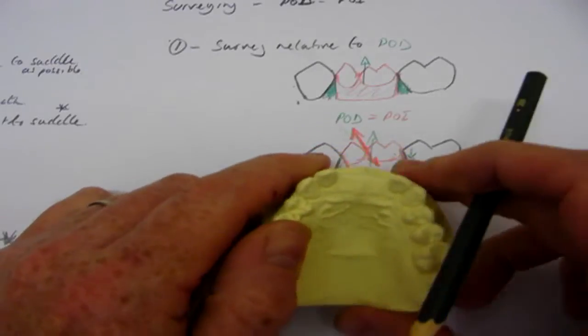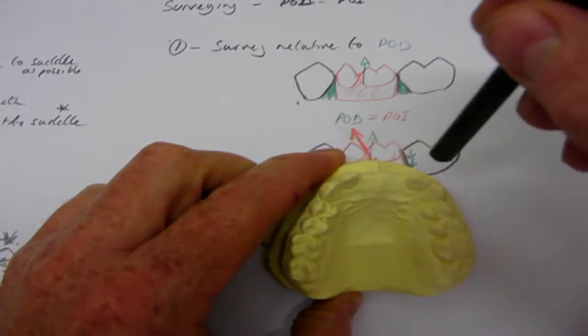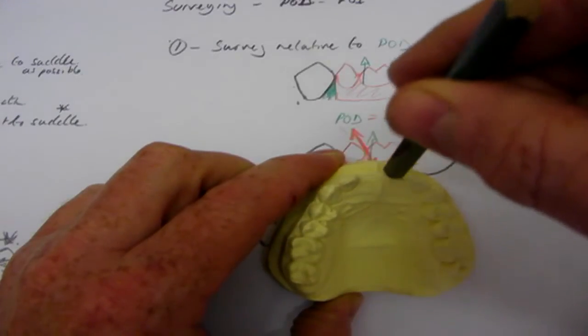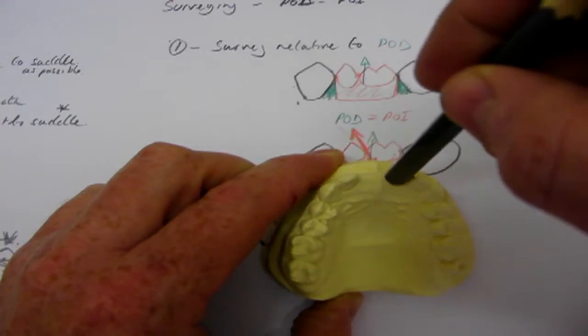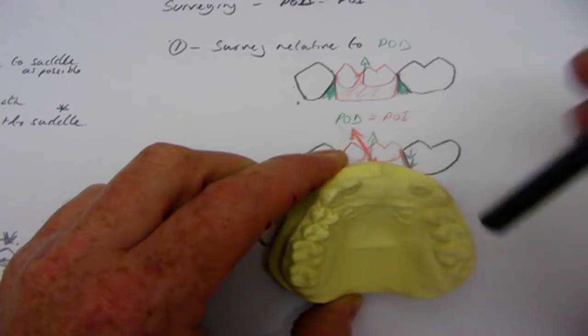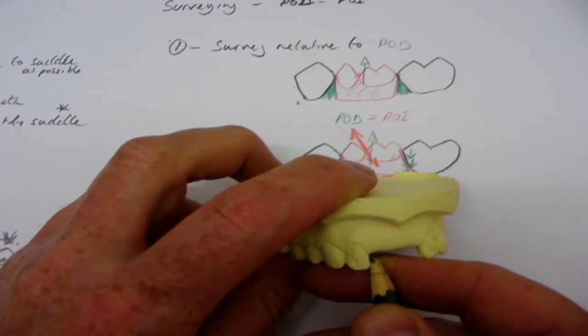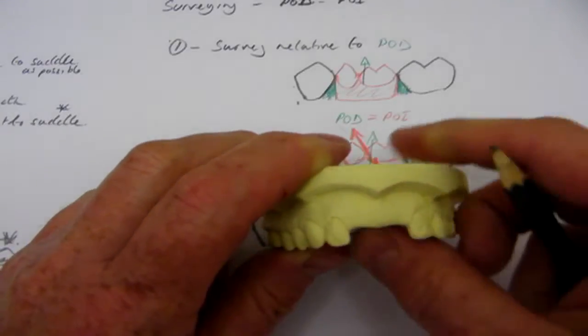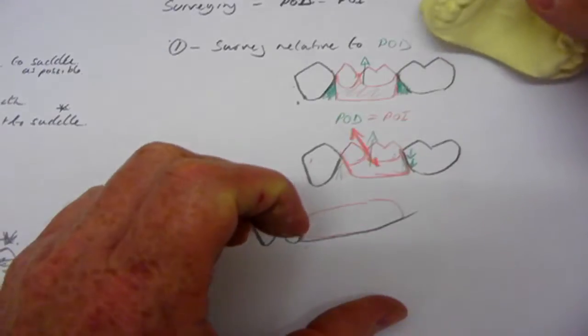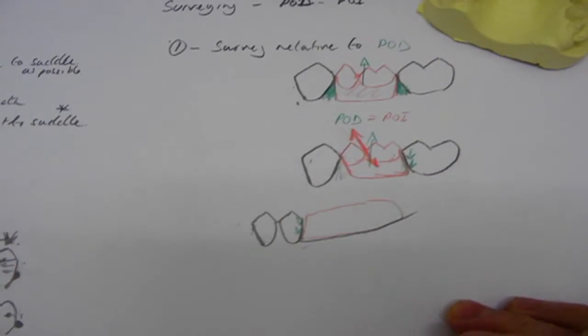So what we tend to do is tip the model backwards on the surveyor such that we create a path of insertion that runs down the long axis of these abutment teeth, and in that case you get the denture fitting snugly against the side of these abutment teeth, and you don't get that funny little triangle of light. So that's creating a path of insertion.